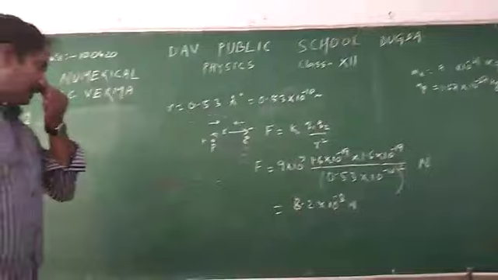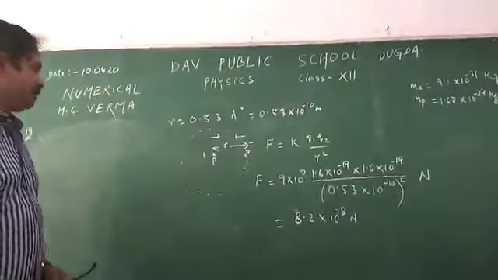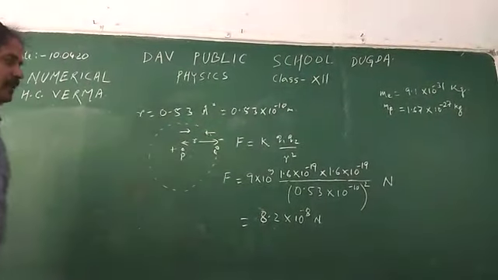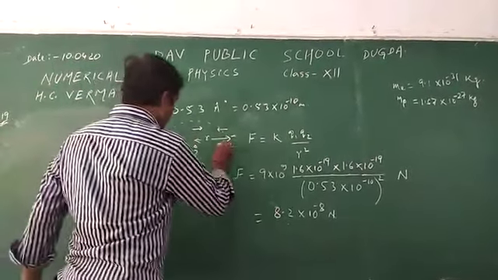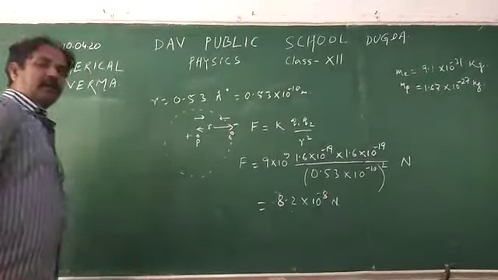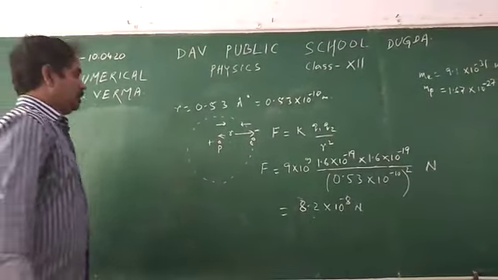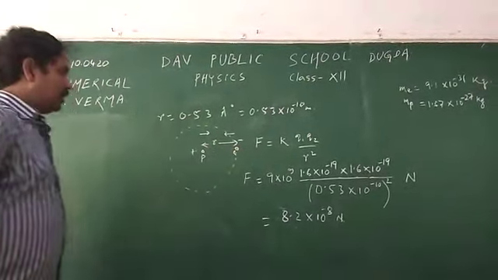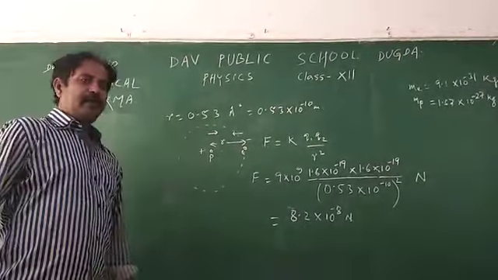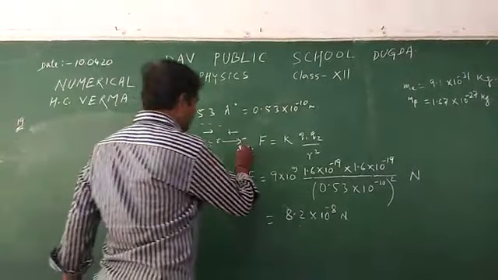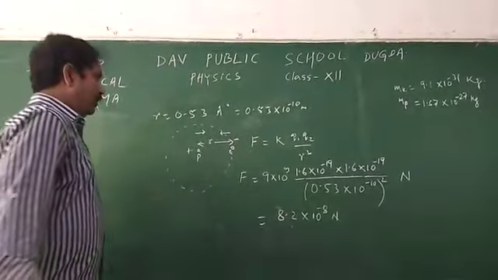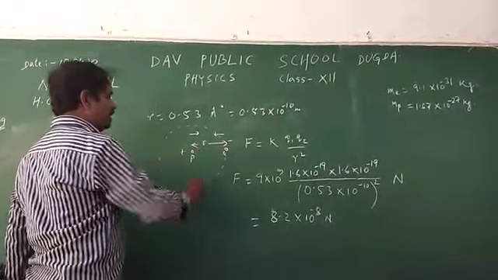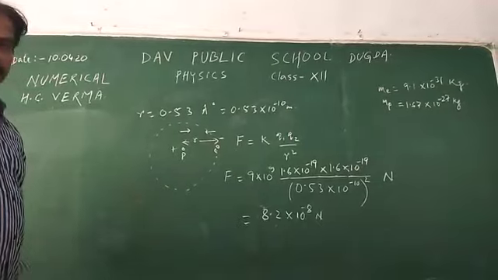But we know that when an electron moves in an orbit, it does not move towards the proton, nor does the proton move towards the electron. Obviously, there is a balancing force which is not allowing the electron to move towards the proton.